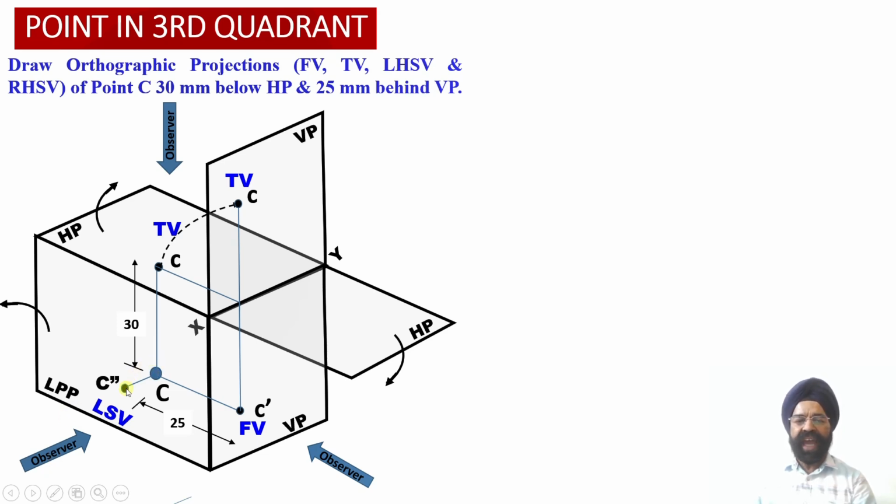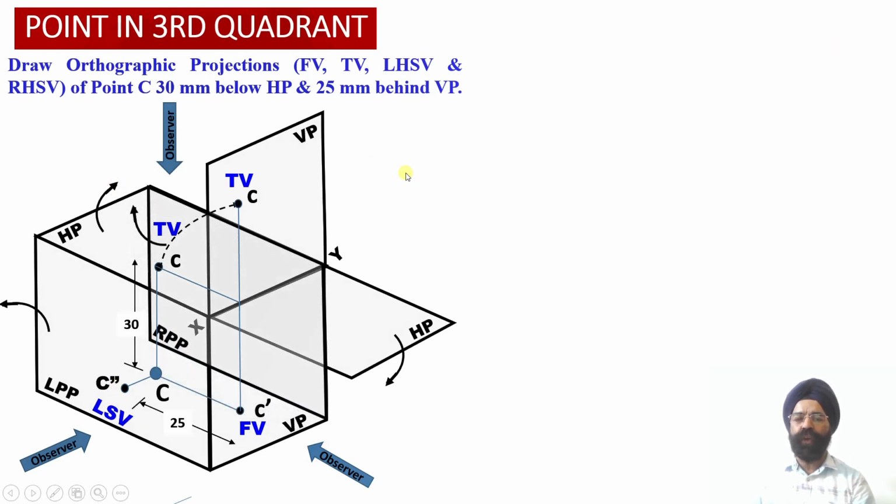So now, having obtained the projections of the point C into the left side profile plane, we are going to carry out the rotation of this left side profile plane towards the left orientation about this vertical hinge over here. So the left hand side view projections of this point C will be available on the left side of the front view projections below the XY reference line.